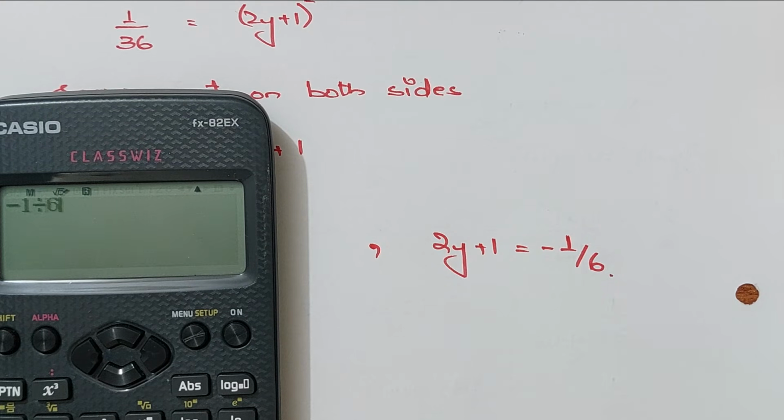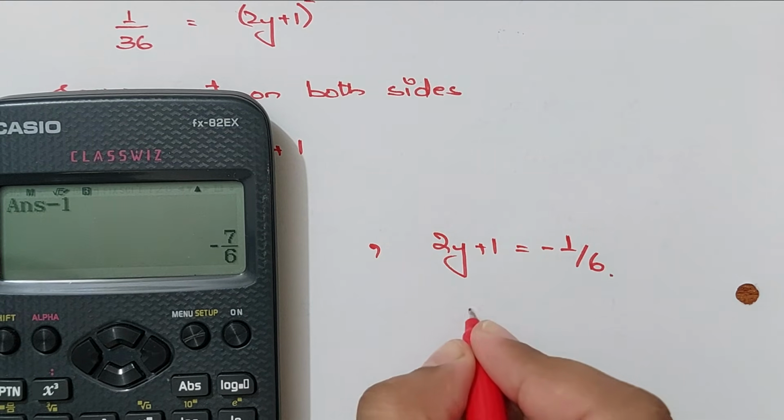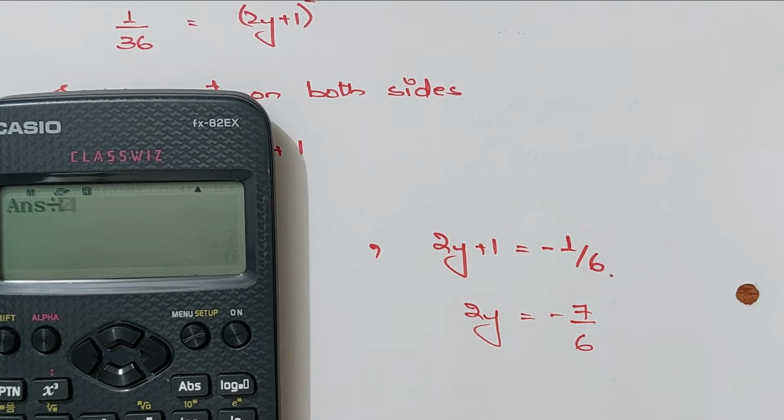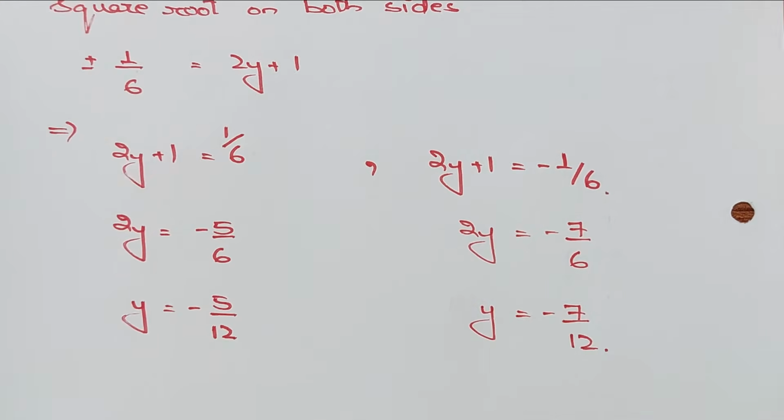And minus 1 by 6 minus 1, so 2y equals minus 7 by 6, dividing by 2 is y equals negative 7 over 12. So these are the two possible values of y, which is minus 5 by 12 and minus 7 by 12.